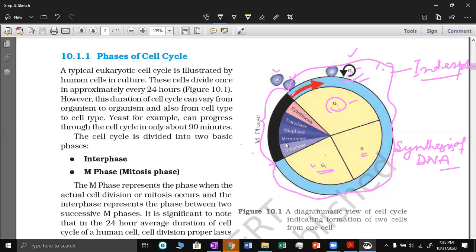So in the M phase, this is prophase, metaphase, anaphase, telophase, and here showing cytokinesis. Of course, cytokinesis is not separate. Right from the anaphase and telophase, cytokinesis goes side by side.